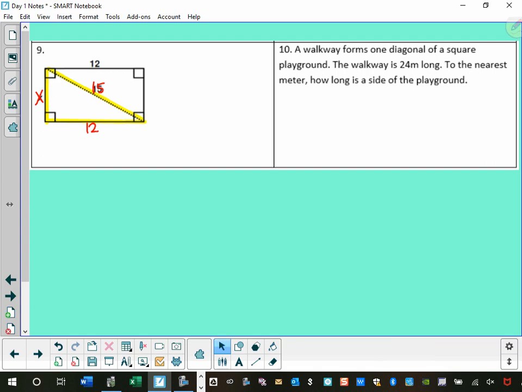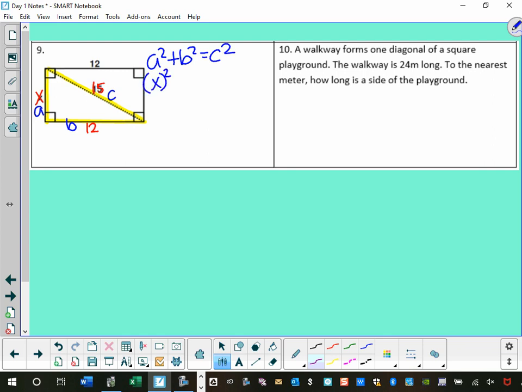All right, Kenzie, which one is my hypotenuse? 15 is my hypotenuse. Good. So I have A and B. So my A is x squared. B is 12 squared.